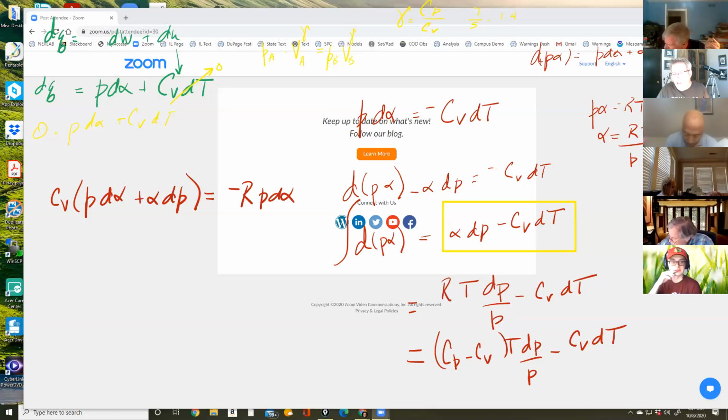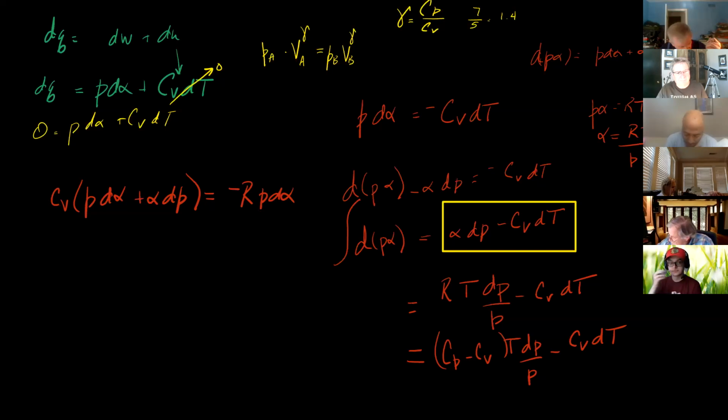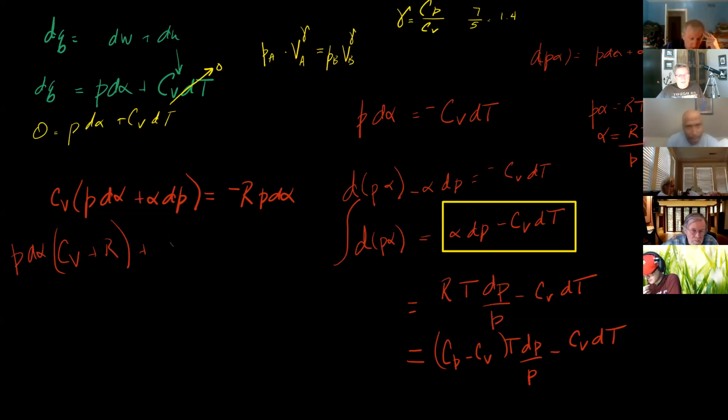What have you got here now? Am I sharing the screen? No. You got rid of dt. Do you see that I've got P d alphas on here? So CV plus R, plus CV alpha dP equals 0.